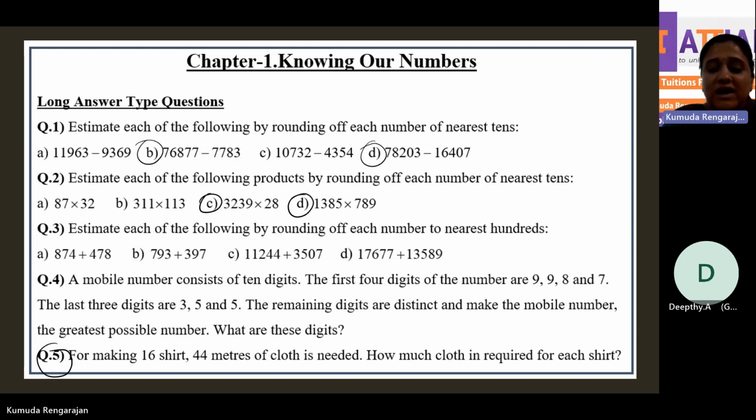Deepthi, since I have to start the next meeting, you can take a screenshot and leave the call. Please complete these answers. BD in the first one, CD in the second one, and the fifth one.